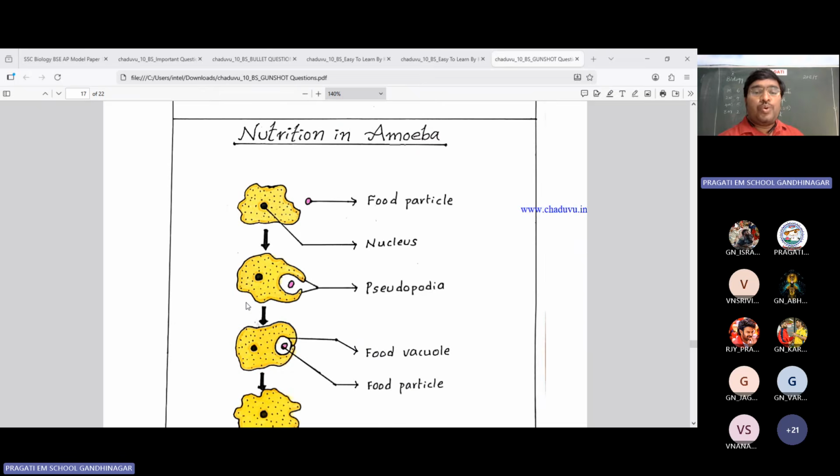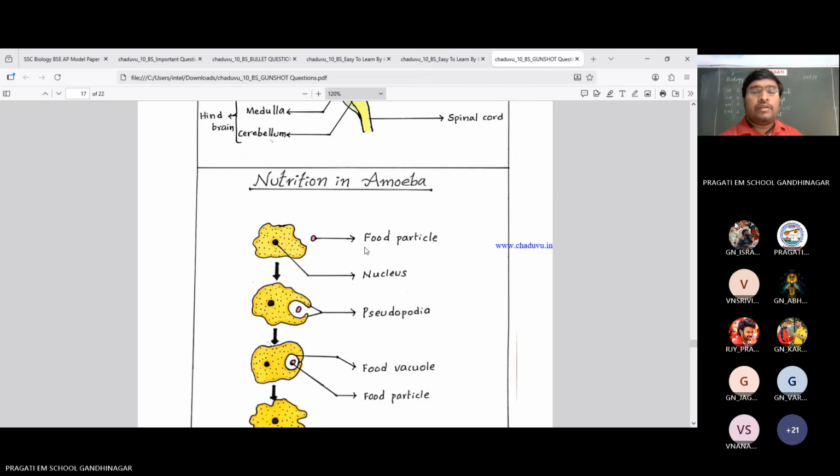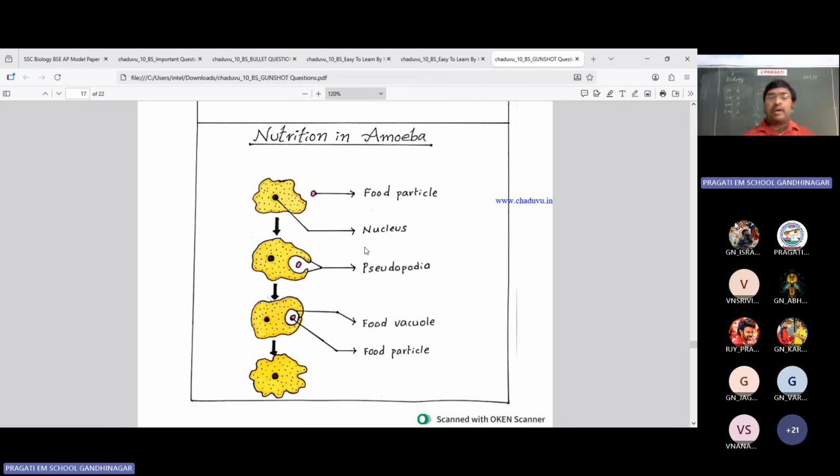Next, nutrition in amoeba. This is a very, very important diagram. In some papers it is a 1 mark question; in some UTF papers it is given as 4 marks. In that, you have to represent the diagram and write the explanation also, of how food is captured by the amoeba.